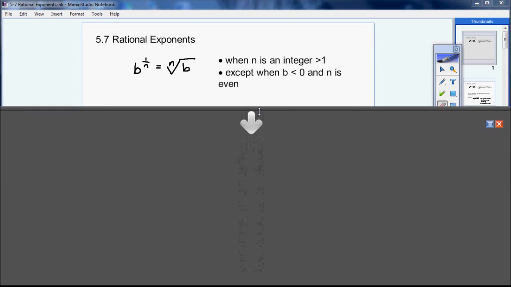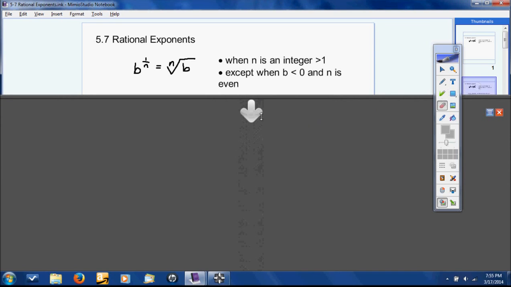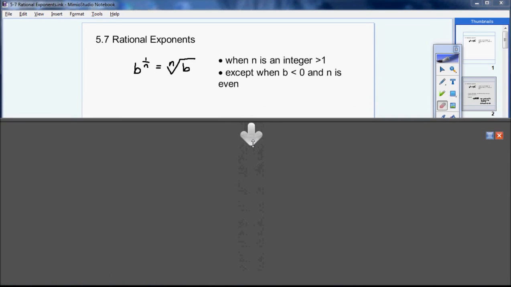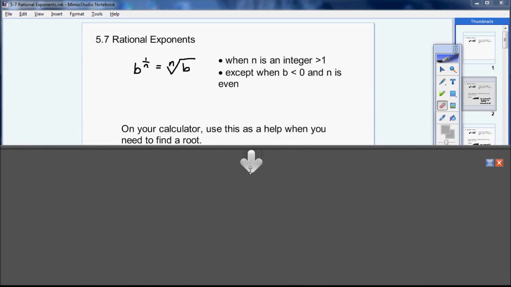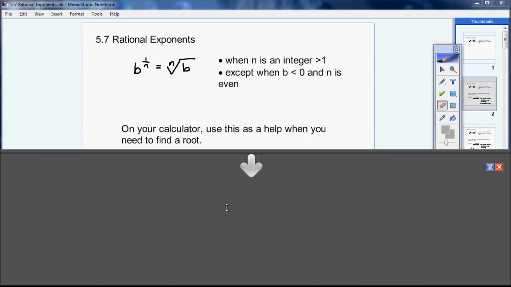So we need to take a look a little bit more deeply. When you are trying to evaluate and b is a number, you can use this as a little bit of a shortcut when you're trying to find your root. If you take out your calculator, please do that right now. It should be in front of you.